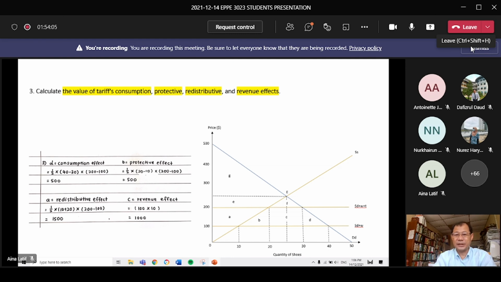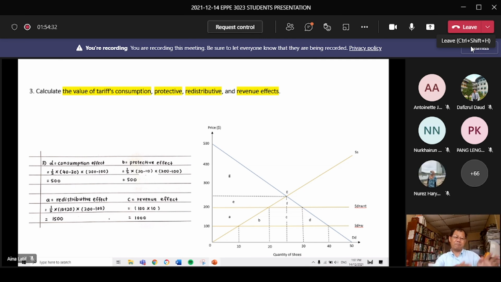It depends whether the gain from the terms of trade will be larger than A and B. The terms of trade effect will occur for a large country. For a large country, the supply curve will have some gradient, not horizontal. The difference is that for a small country, the supply of the world is horizontal.